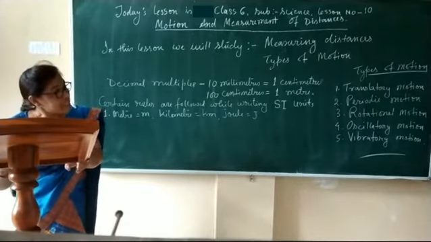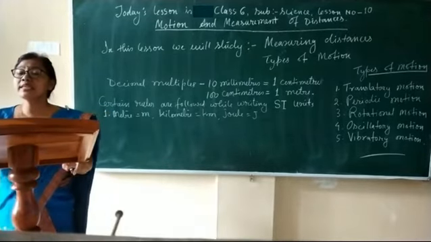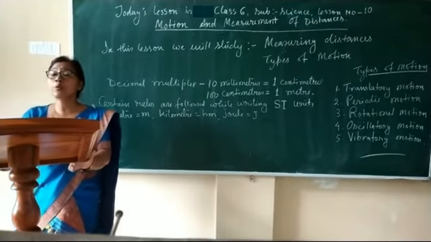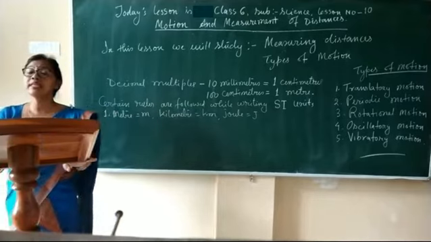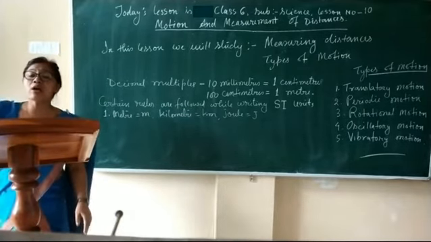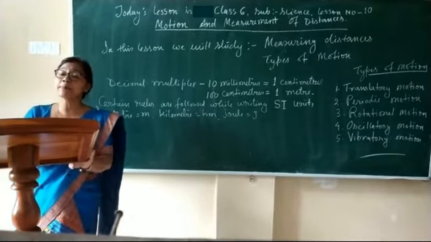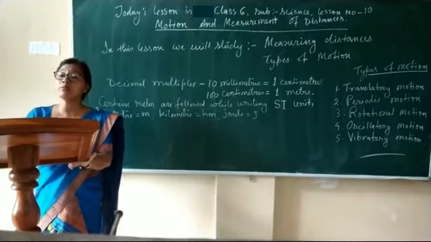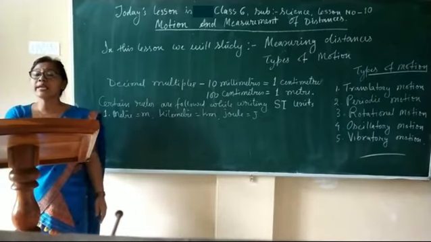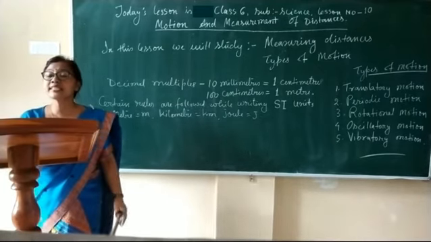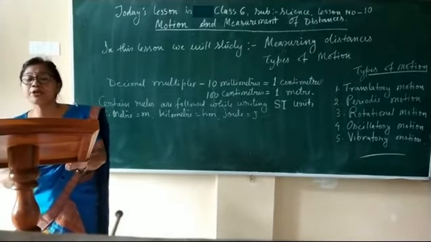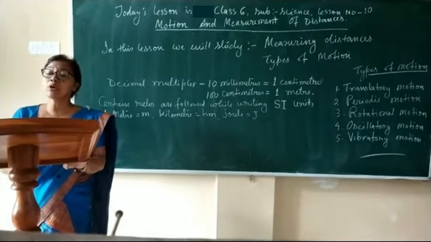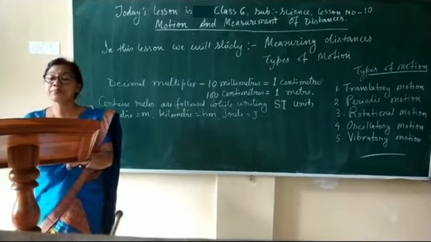Thirdly, rotational motion. An object is said to possess rotational motion if it whirls around a fixed axis that passes through it. In case of rotational motion, the body remains near the axis of rotation and periodically returns to its original position.